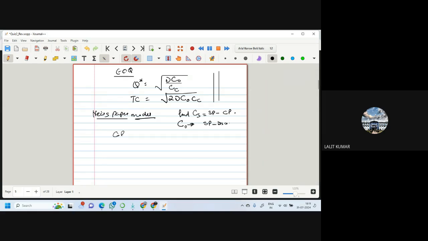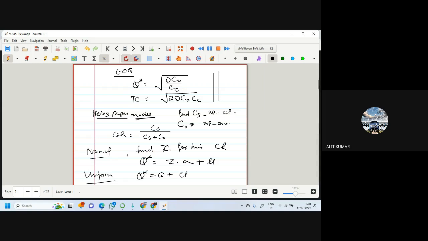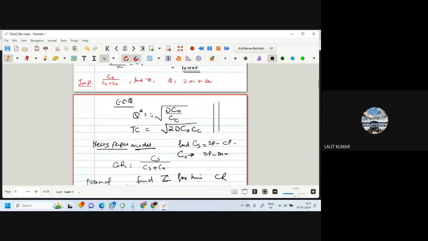From here, find the critical ratio, CS over CS plus CO. If it is a normal distribution, then find Z for this CR, and Q star is equal to Z into sigma plus mu. For uniform distribution, you don't have to find Z. Your Q star will become A plus critical ratio into (B minus A). Is this clear with everyone? Okay, so on these two concepts, there have been lots of questions. So please remember this.